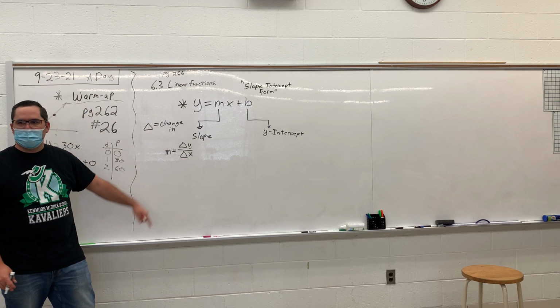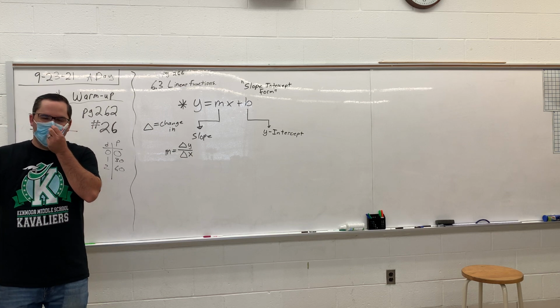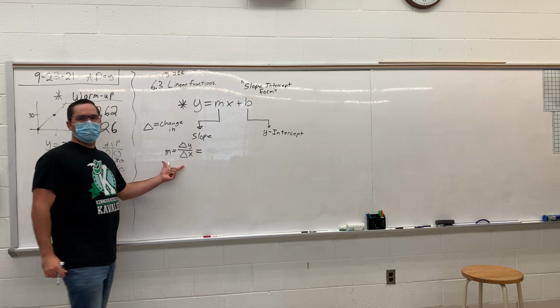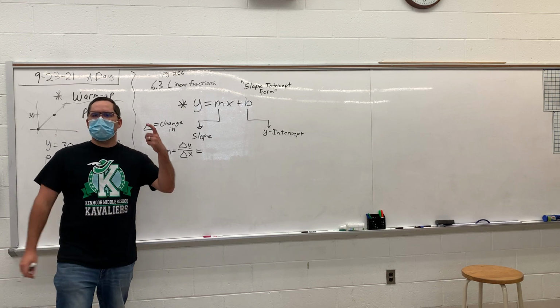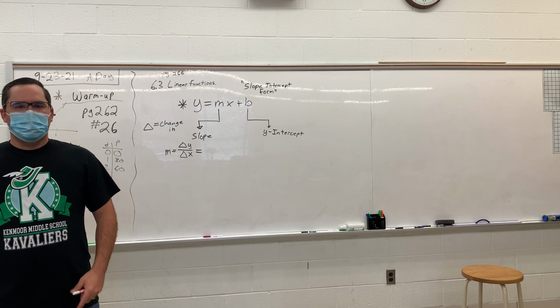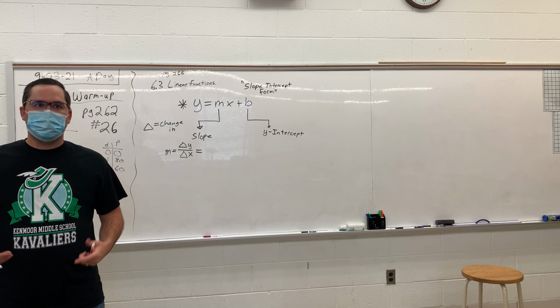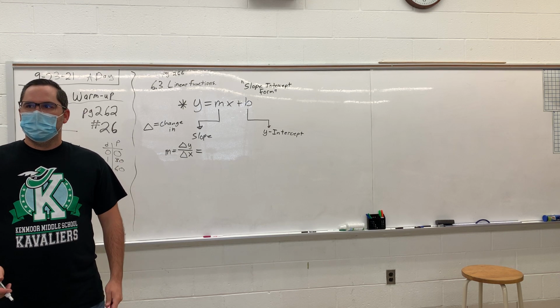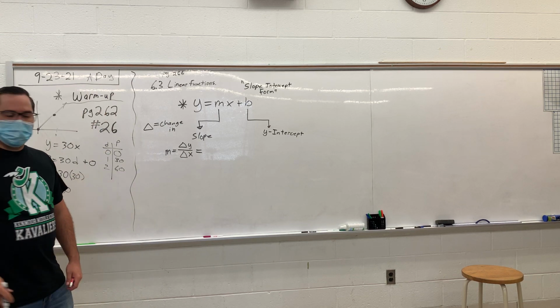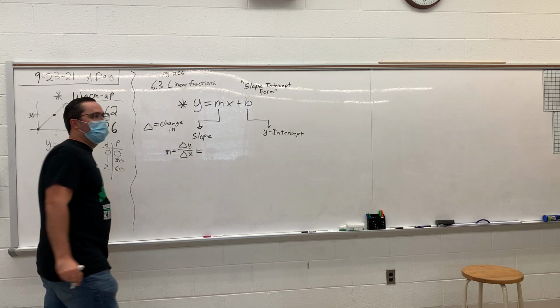Now this doesn't make sense to you, and it doesn't need to. The thing we care about is the formula that is based off of this. Now if I start at 30 and I go to 100, how much have I changed? 70. And calculation-wise, how did you find that? You did subtraction. 100 minus 30 gave us 70, right? Well, that's how we find the change in y.